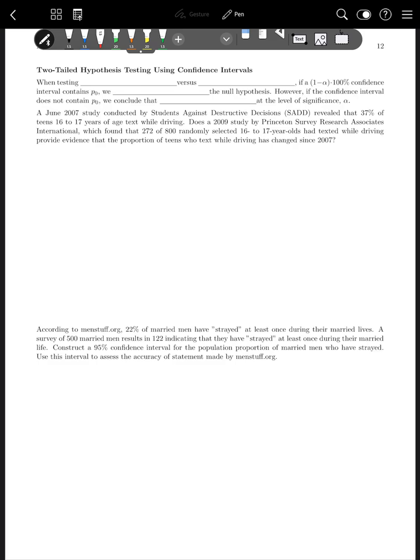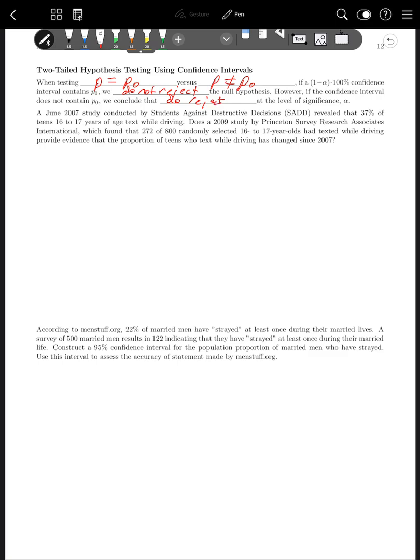So when testing P equals P naught versus P does not equal P naught, if the (1 minus alpha) times 100% confidence interval contains P naught, we do not reject the null hypothesis. However, if the confidence interval does not contain P naught, we conclude that we do reject.